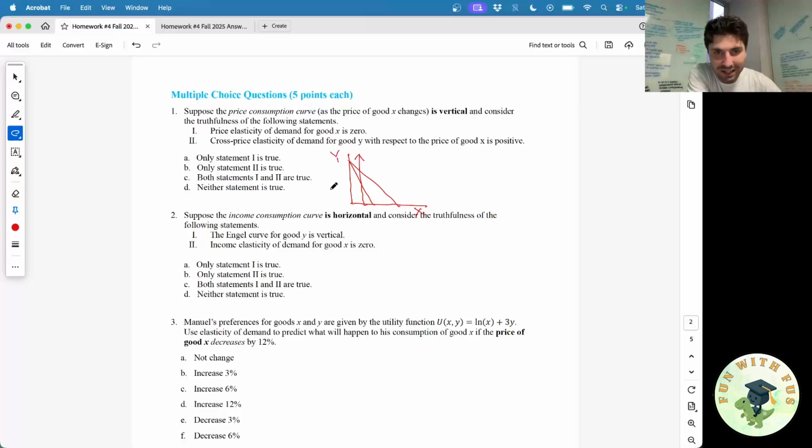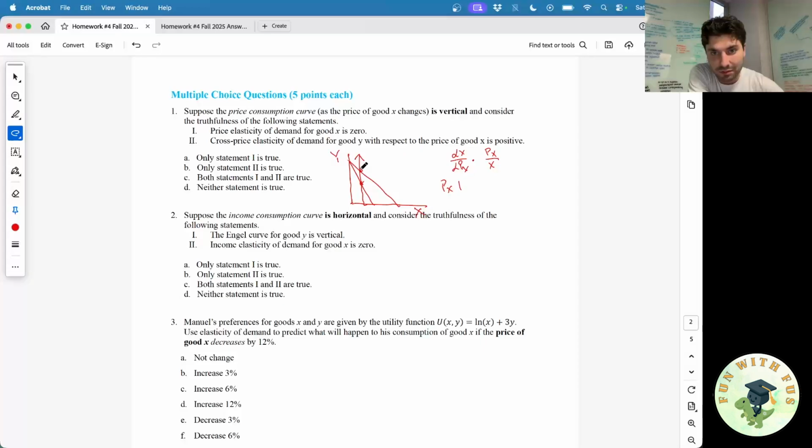But the price elasticity of demand for good X is 0. So that would be the dx dpx times px over x. So I would assume that this thing is never 0, but we're looking at this dx dpx. So as I increased the price, my x did not change.